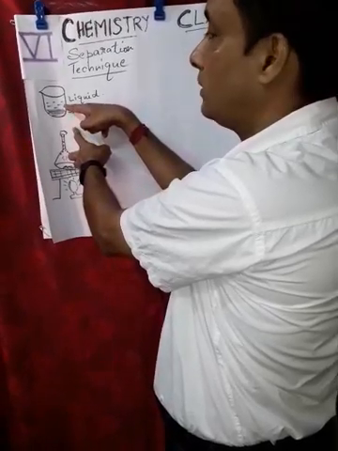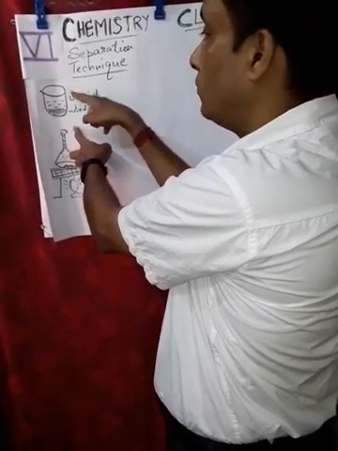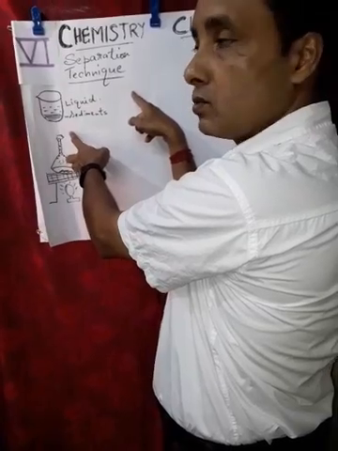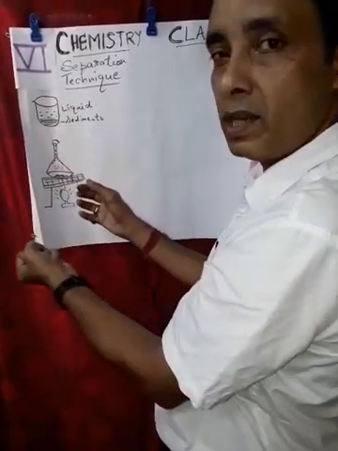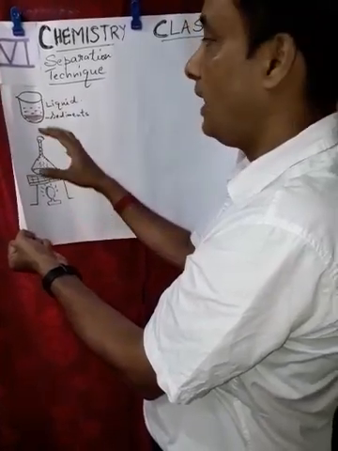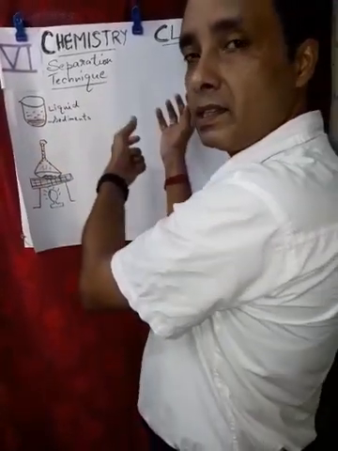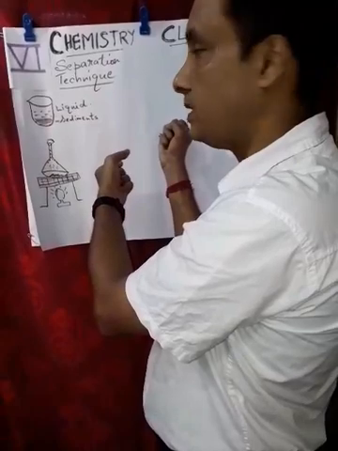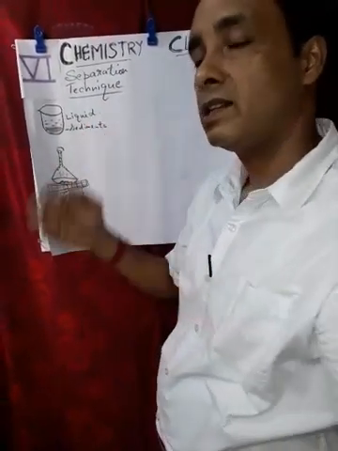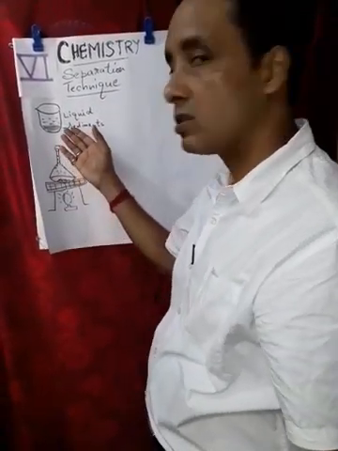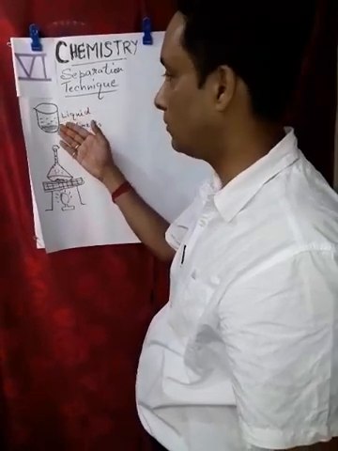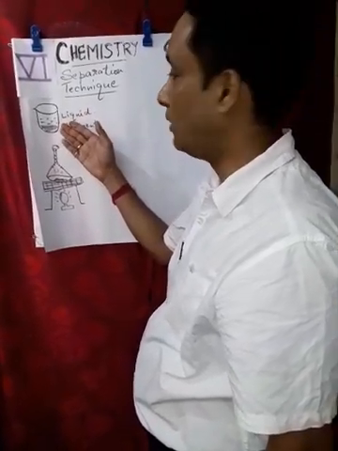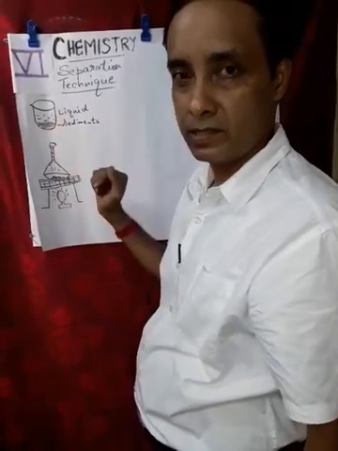If we take out the liquid into another container, we can very easily separate the sedimented part in one section and the liquid in another section. So decantation is the process in which the liquid can be separated from the sedimented part without disturbing the sediments.